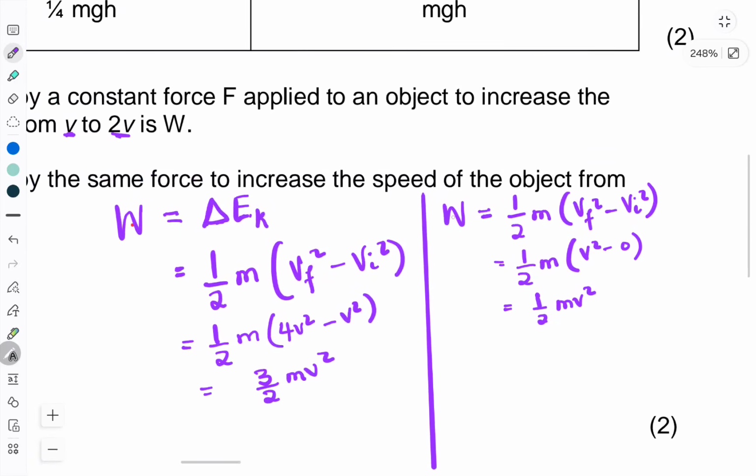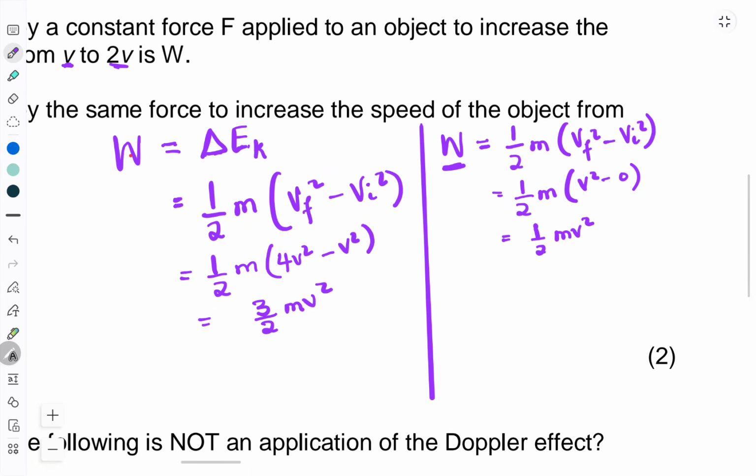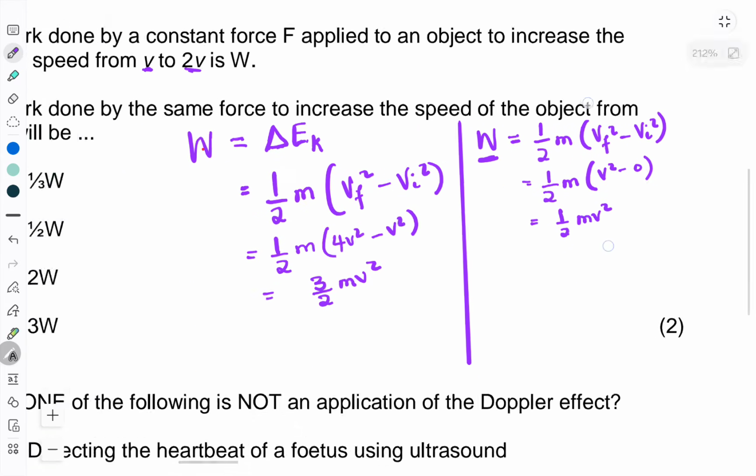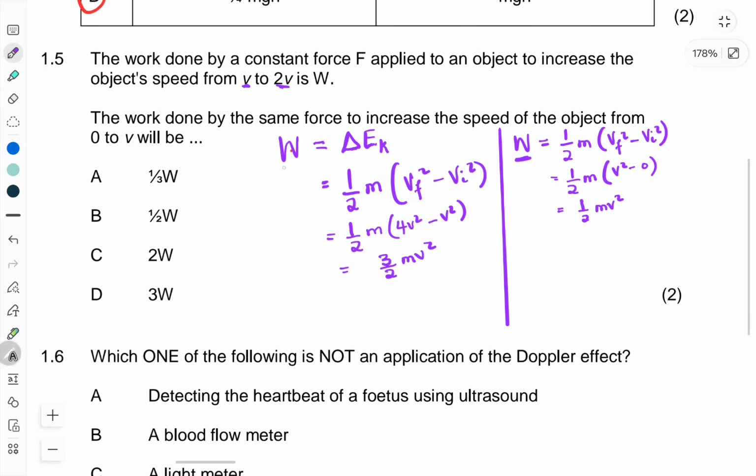Okay, so this is when the object speed changes from 0 to v, and then this is when the object speed changes from v to 2v. Let's call this 1, and this 2, just so that we can separate them. So you must obviously now understand, for me to get this, this is my original.